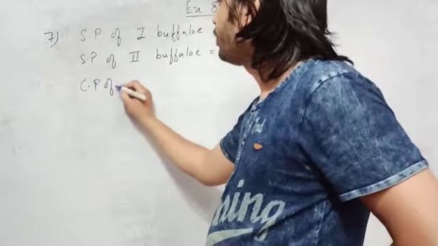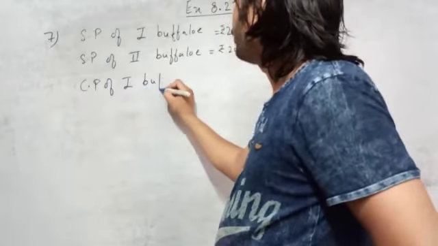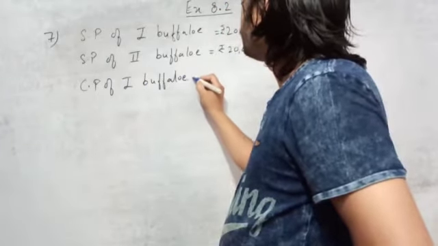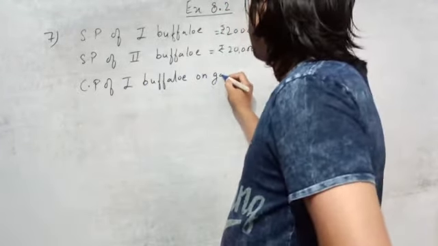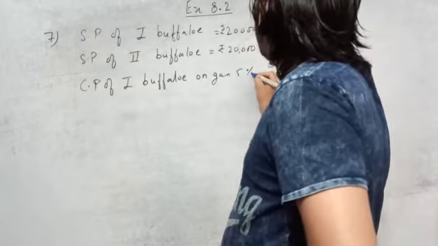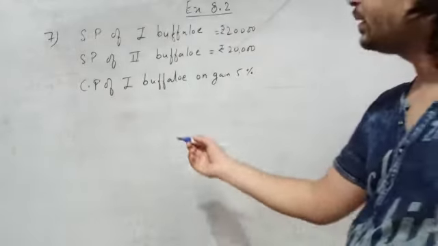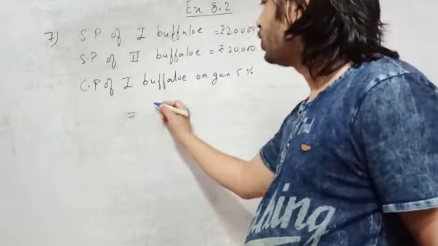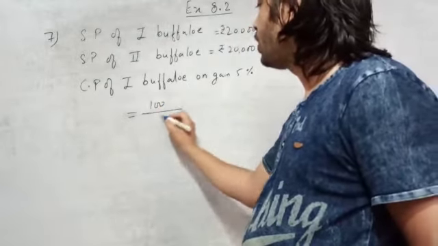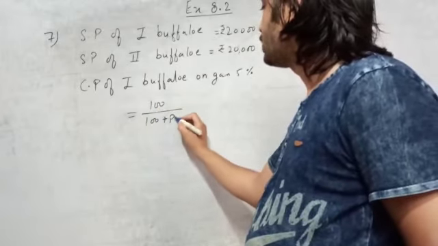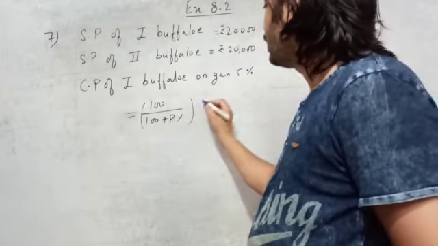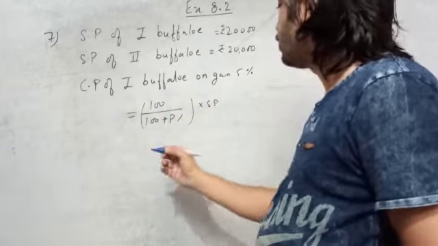Cost price of the first buffalo on gain 5%. On the first we are getting a gain of 5%. So what is the formula of cost price? 100 upon 100 plus profit percent into SP. So this is the formula.